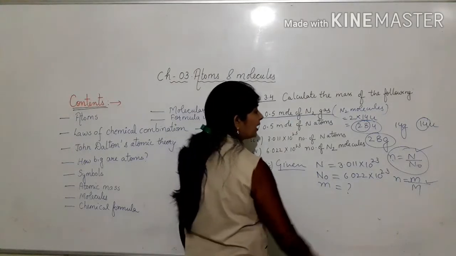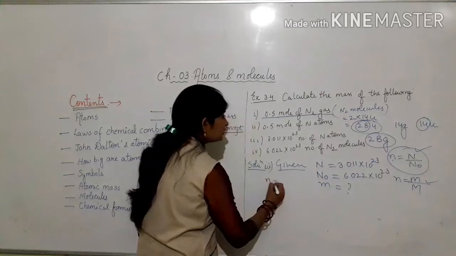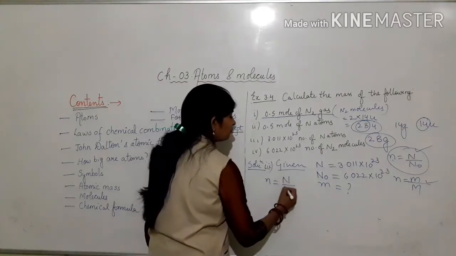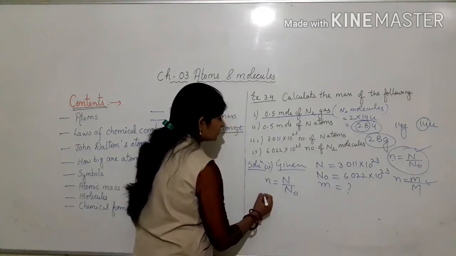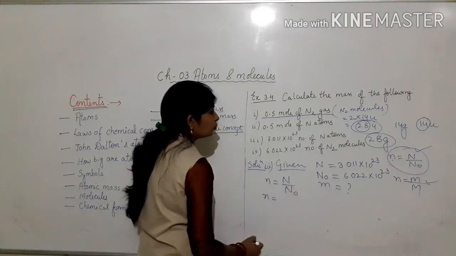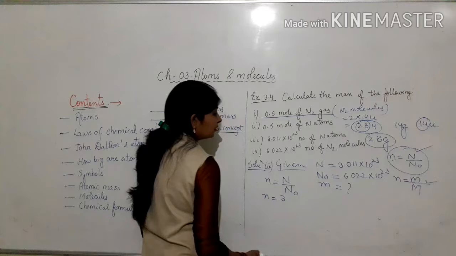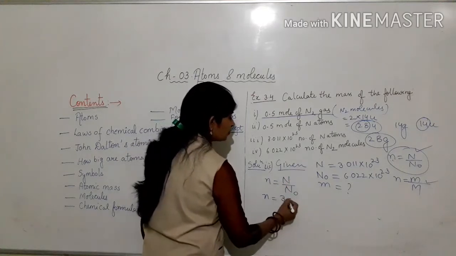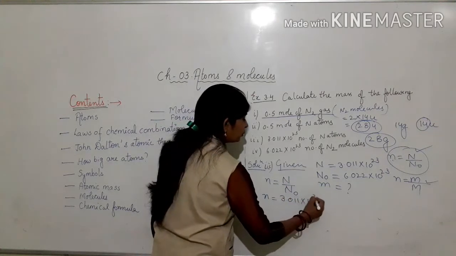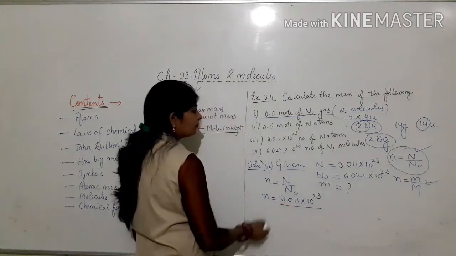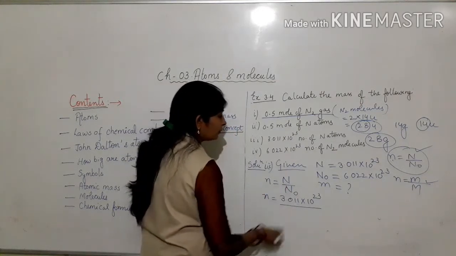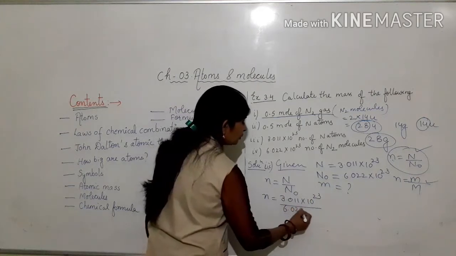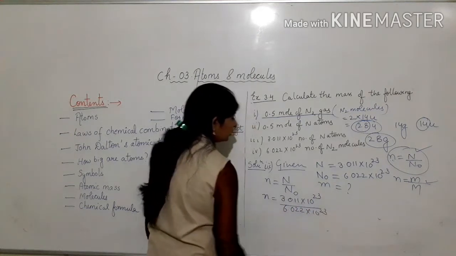First of all, apply this formula. Number of moles is equal to given number of particles upon Avogadro constant. Number of moles we have to calculate is equal to given number of particles, capital N, 3.011 into 10 to the power 23, upon Avogadro constant, capital N naught, that is 6.022 into 10 to the power 23.